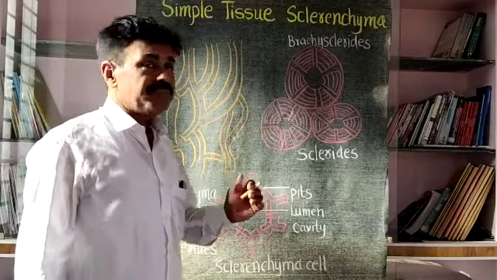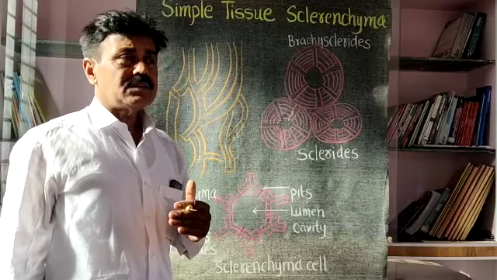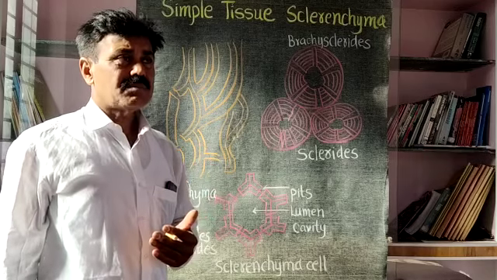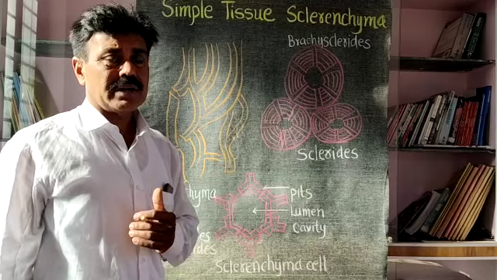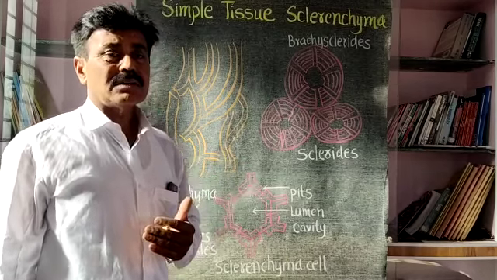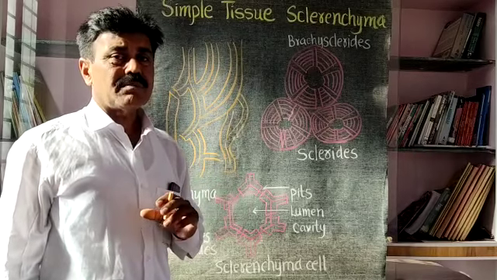As far as the function of this tissue, sclerenchyma is a purely mechanical tissue. It gives mechanical support in all types of plants and all types of organs in the plant body. Because of the hard, lignified walls and dead nature, this tissue is purely for mechanical purpose.